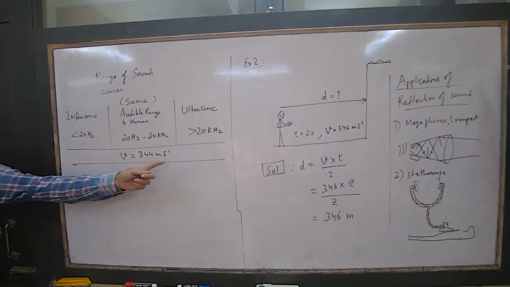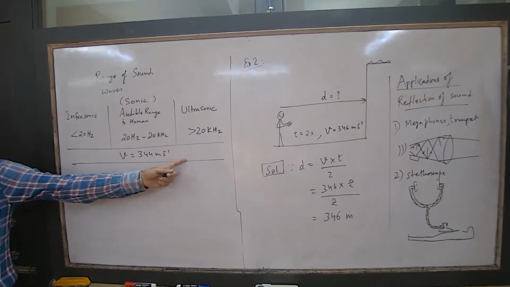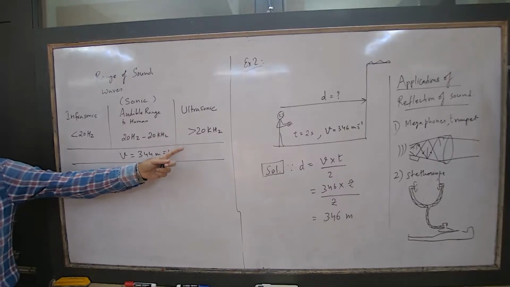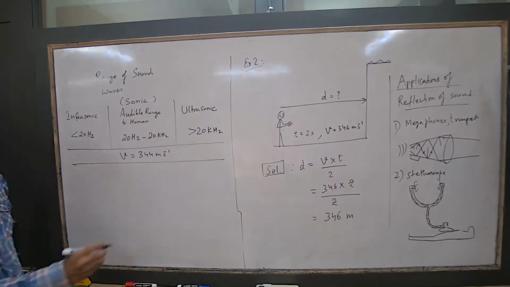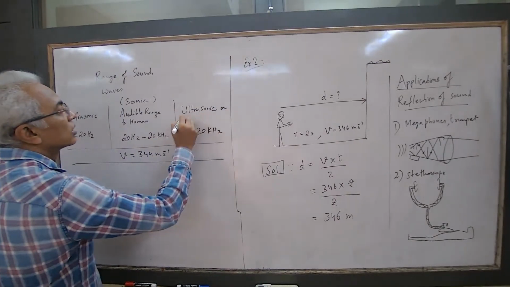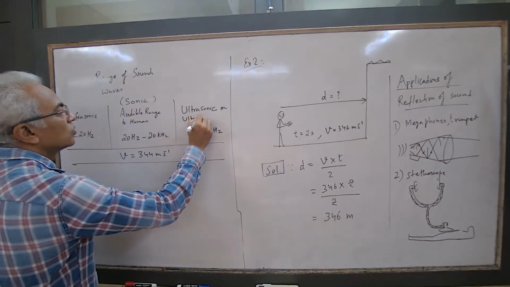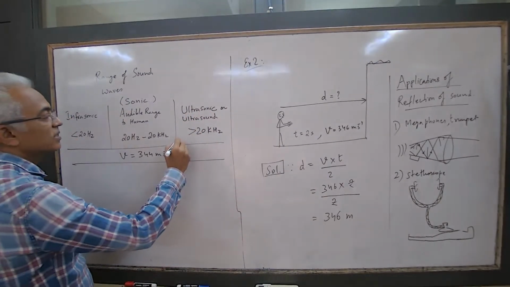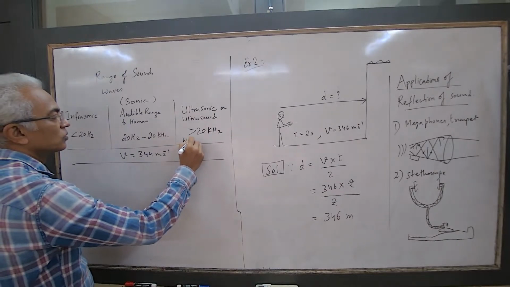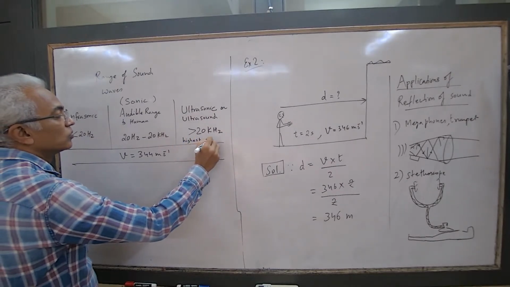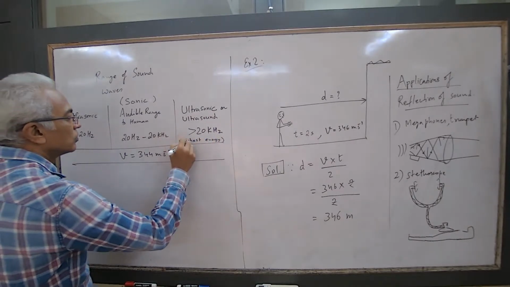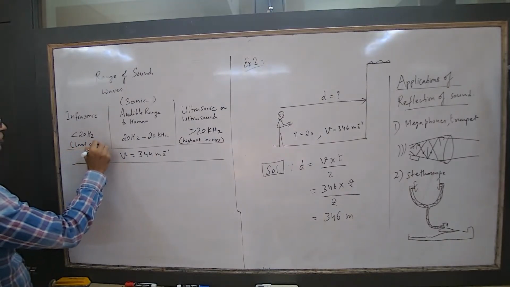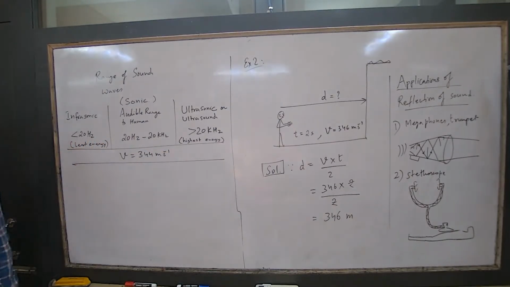So what about energy? Energy depends on frequency. So the highest energy is ultrasonic, ultrasound. This has the highest energy, this has the least energy, and this has moderate energy.